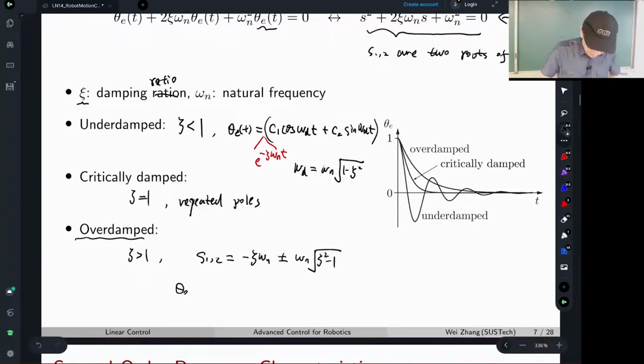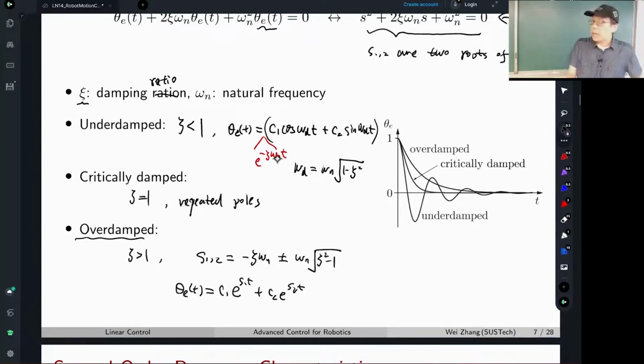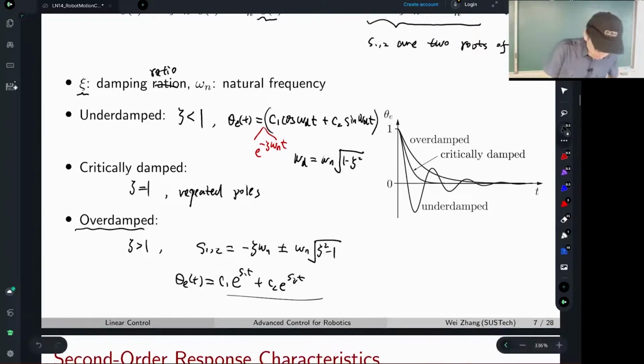In this case, the solution is theta(t) equal to C1 e to the S1 t plus C2 e to the S2 t. This case is the same. It's just that when there are complex poles, we can write it this way using the Euler identity. It's still of this form. In this case, S1, S2 are both real.